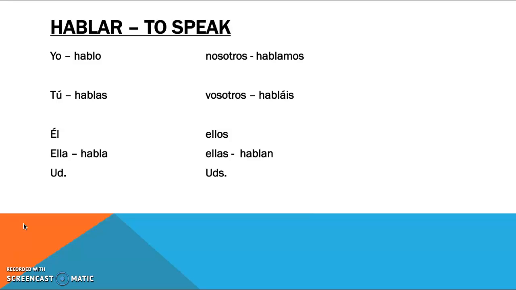Vosotros habláis. You all speak. Again, only used in Spain. And our last conjugation, we are going to start with our stem, HABL. We are going to add our ending, which is an. So, ellos hablan, they speak. Ellas hablan, they speak. Ustedes hablan, you all speak.